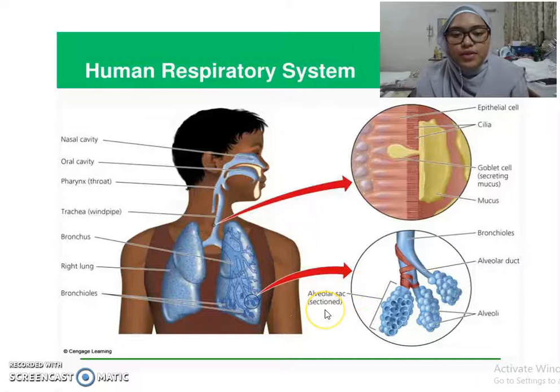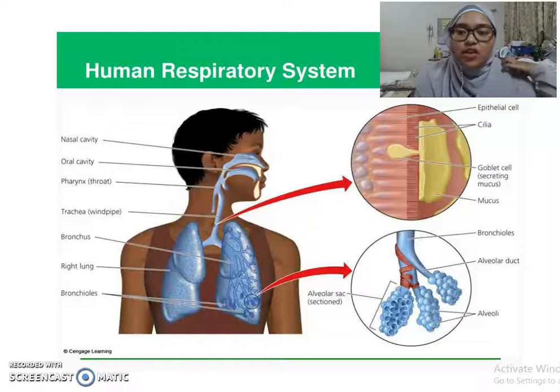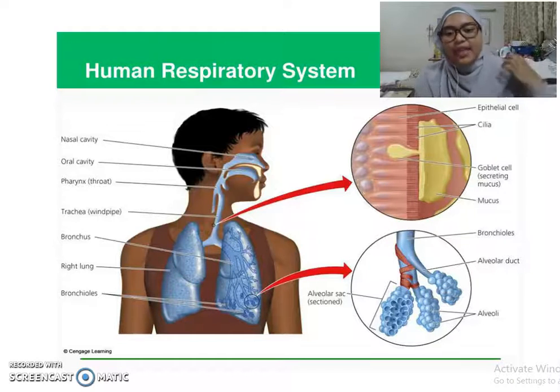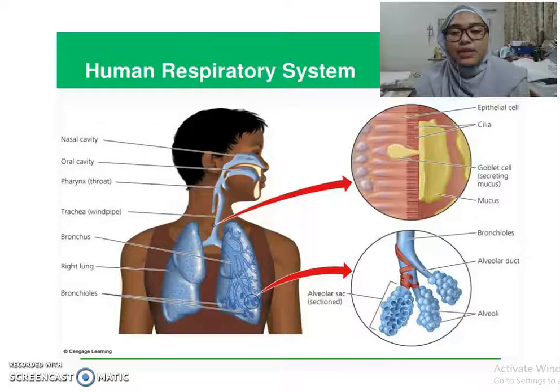In humans, the bronchioles will then consist of alveoli, which are grape-like structures that consist of only one cell thick that help in the gas exchange. Okay.